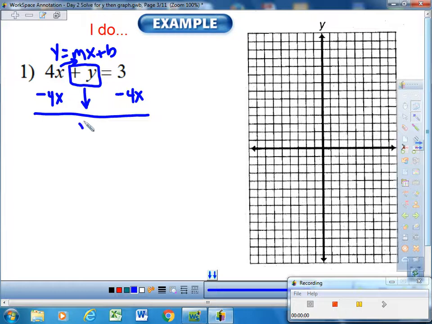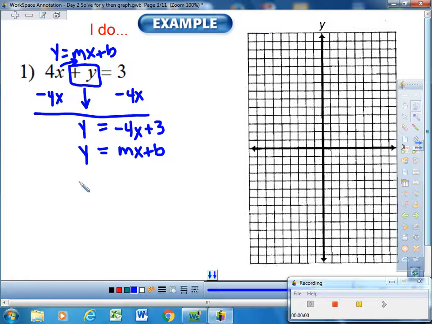I'm left with y equals, and these are not like terms, so I just need to put the mx term first. So I'm going to put negative 4x, and this is a positive 3, so I'm going to put plus 3. Now my equation is in y equals mx plus b form.